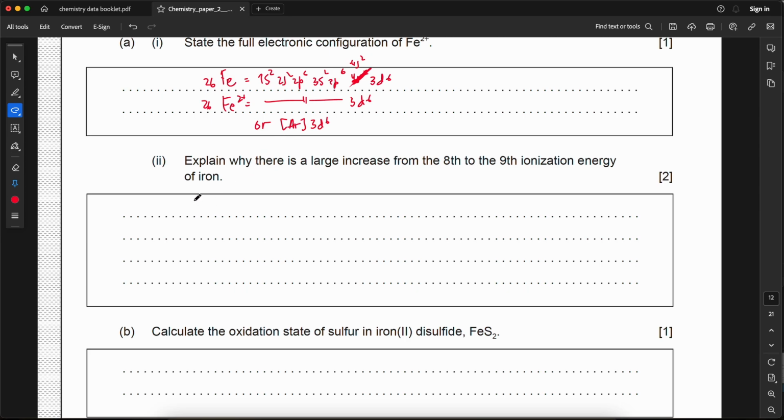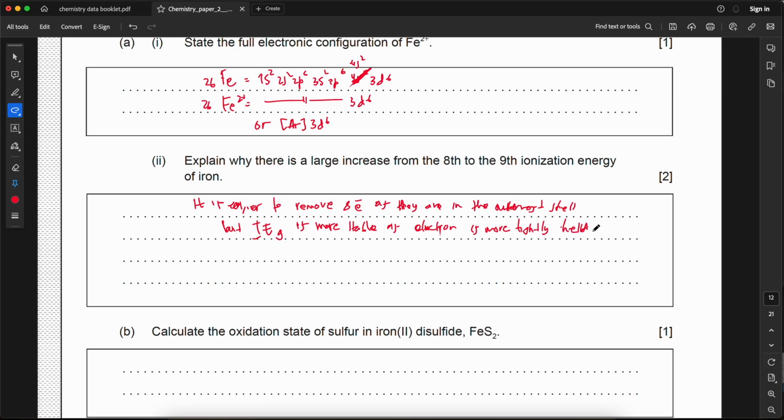So it is easier to remove 8 electrons, as they are in the outermost shell, but the 9th ionization energy is higher, as the electron is more tightly held by the nucleus, or the electron is closer to the nucleus.